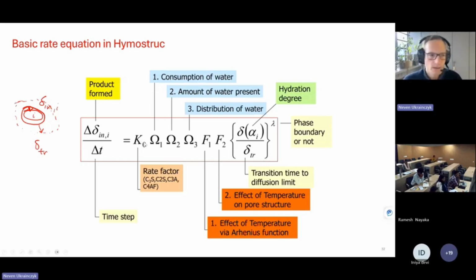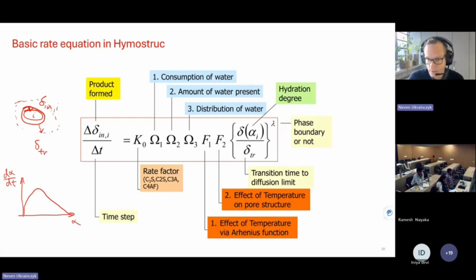You also need nucleation, otherwise you don't get the curve going up. Basically the original HYMOSTRUC model has the delta alpha per delta t, which is related to alpha. You will see later how, just based on the sphere geometry. And if you have alpha here, you want to have a curve like this.